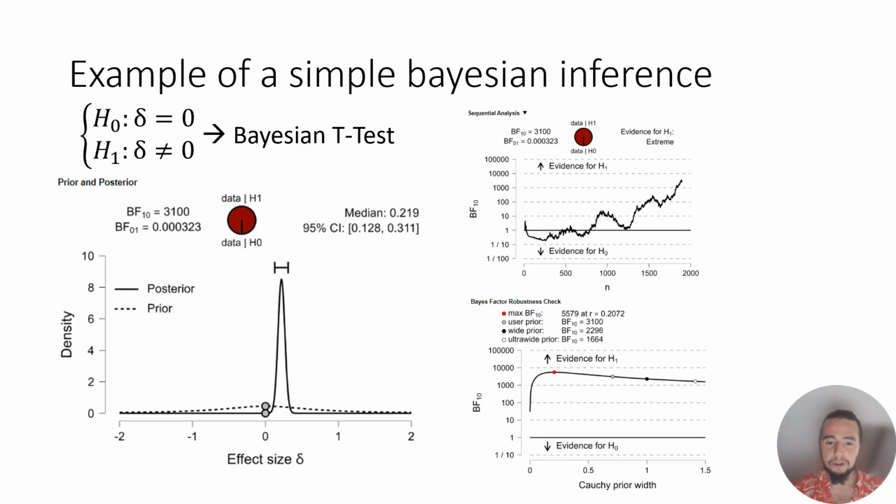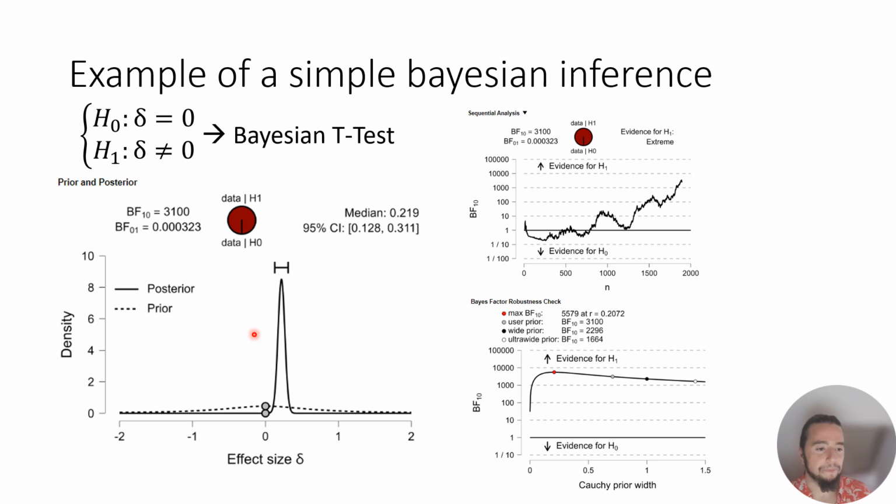Here's a quick example of how we can do that, and here's a Bayesian t-test that we will see in detail later. As you can see here, we have a prior and posterior, with a high impact of the data likelihood. We have the estimate, the median of 0.22 for the effect size, and the 95% credible interval or high density interval.